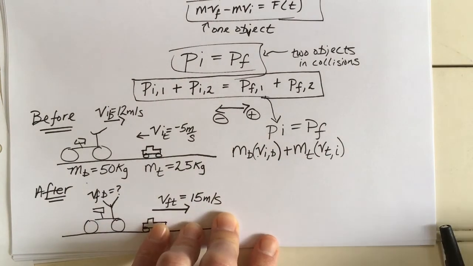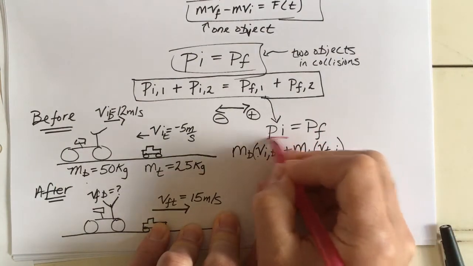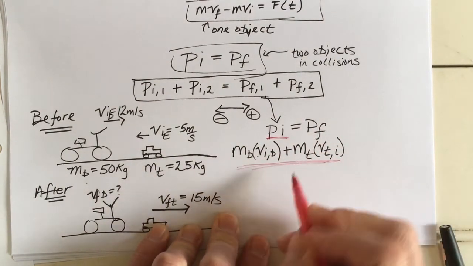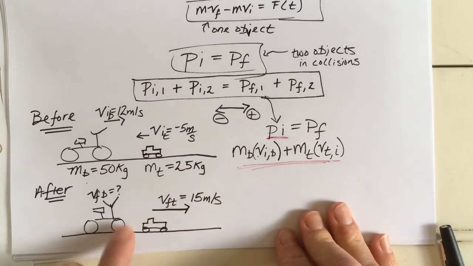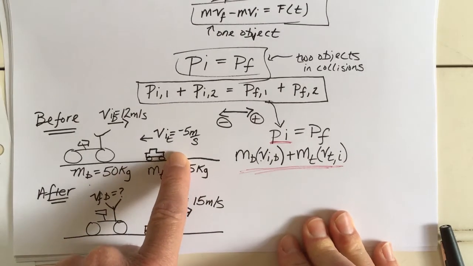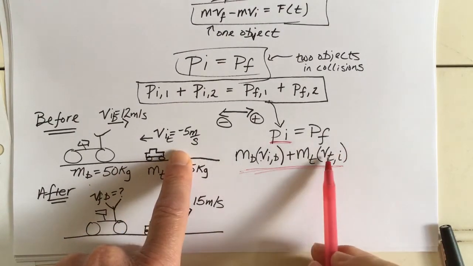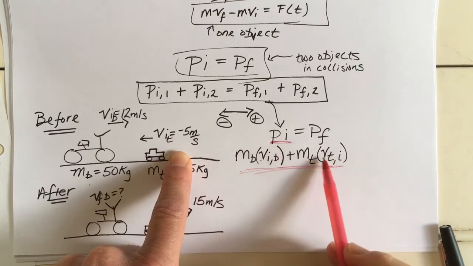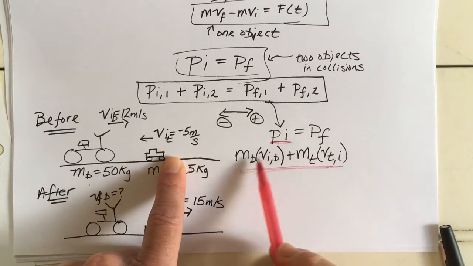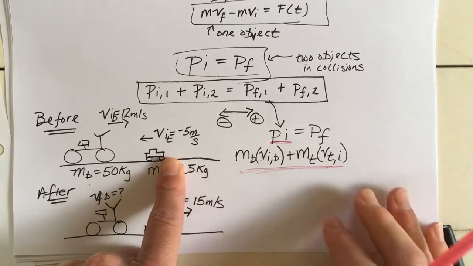So what I'm trying to say is this right here, PI, is represented by these two quantities added together. The negative sign that is happening right here, we will put in right here when we put the negative 5 meters per second in right here. But we're always going to add the two momentums together.